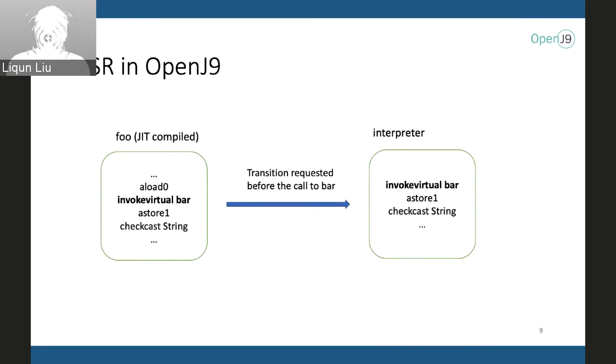We'll exit the JIT code and resume the thread in the interpreter. Interpreter will start running the bytecode at invokevirtual bar. If the JIT code doesn't have an equivalent representation in the interpreter at the transition point, OSR is impossible in that JIT code at that specific transition point.